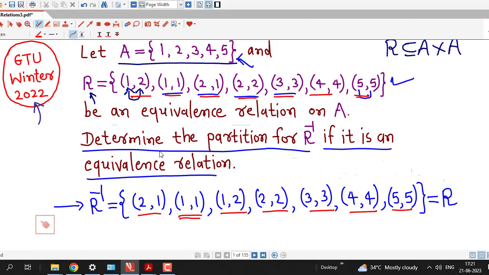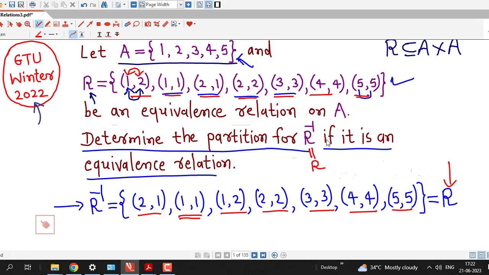So by interchanging the order of components in each ordered pair of R, we obtain the inverse of relation R, and that turns out to be R itself. So here we have to determine the partition for R inverse, but R inverse is nothing but relation R itself. So either we determine the partition for R inverse or R, it is the same thing, because inverse of R is R itself.